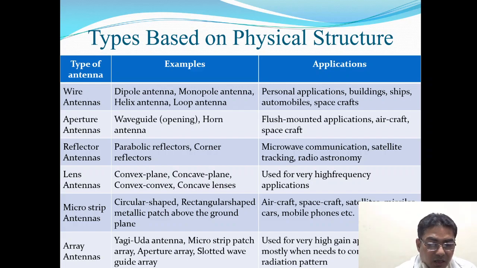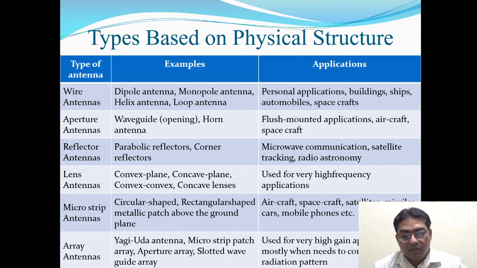The examples are Yagi antenna, microstrip patch array, aperture array, slotted waveguide array, and these are used for high gain applications. The Yagi antenna is basically used for television applications.